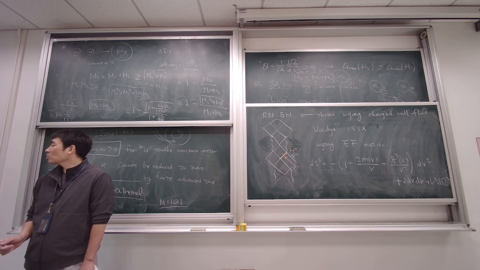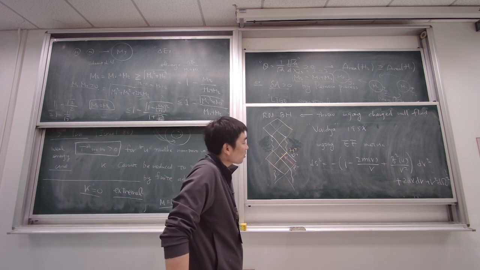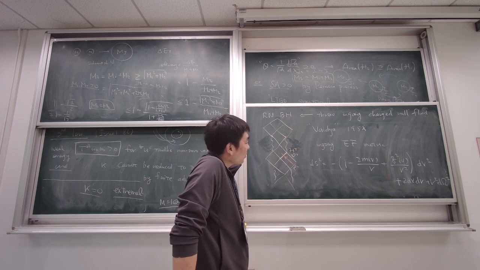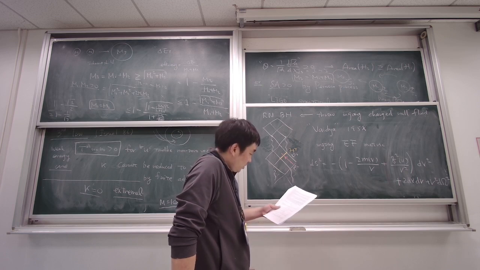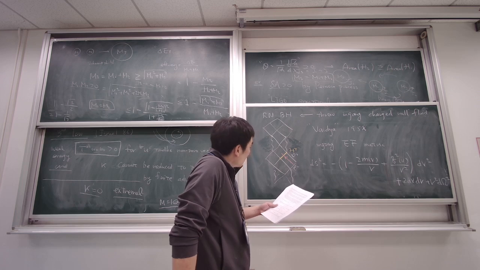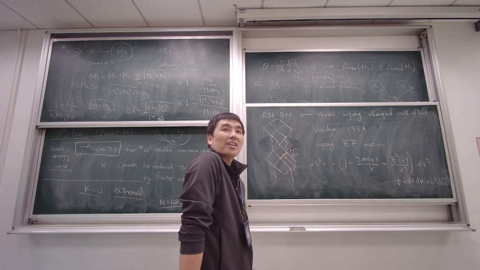Am I doing something stupid? No, yeah, this should be v constant. What am I doing here? I should use u instead of v. Sorry, what's the ingoing?